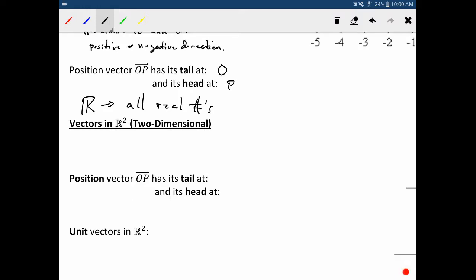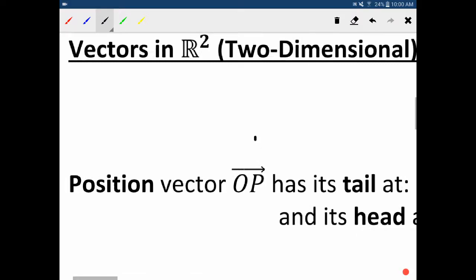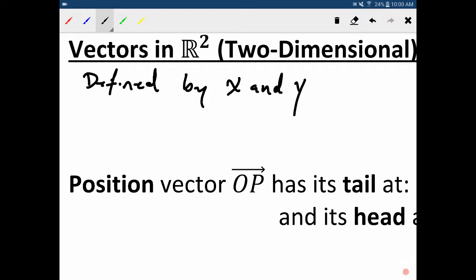Okay, so vectors in R2, these are two-dimensional vectors, so these would be defined by x and y. In other words, they're two dimensions.